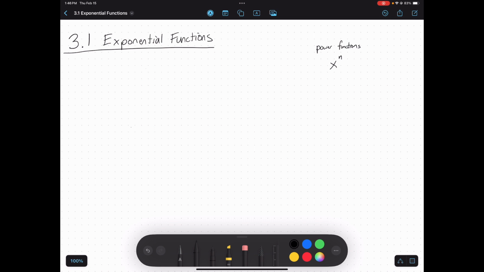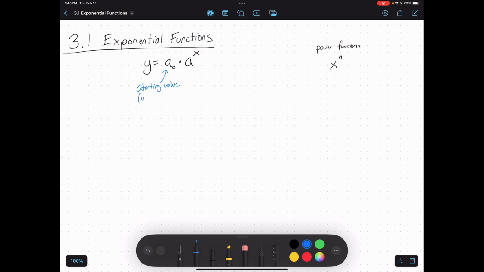But today we're going to introduce a fundamentally different function called an exponential function. Okay, exponential functions look something like this: a naught times a to the x, where a naught represents your starting value.